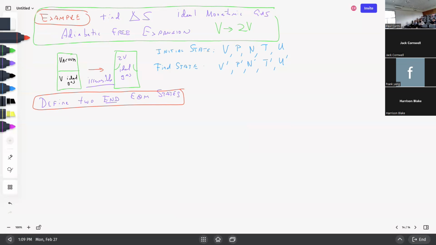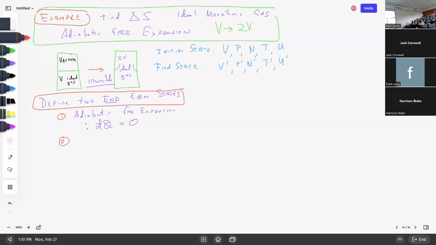Okay, so what do I know about this? One, it's adiabatic free expansion. So the whole system has been wrapped in styrofoam. It's adiabatic, there's no heat flow. dq equals 0, okay? And it's a free expansion.